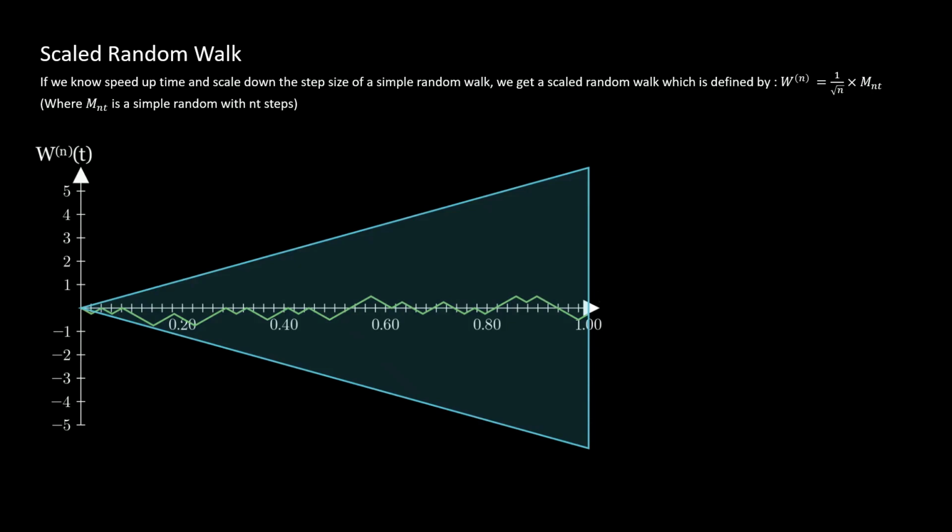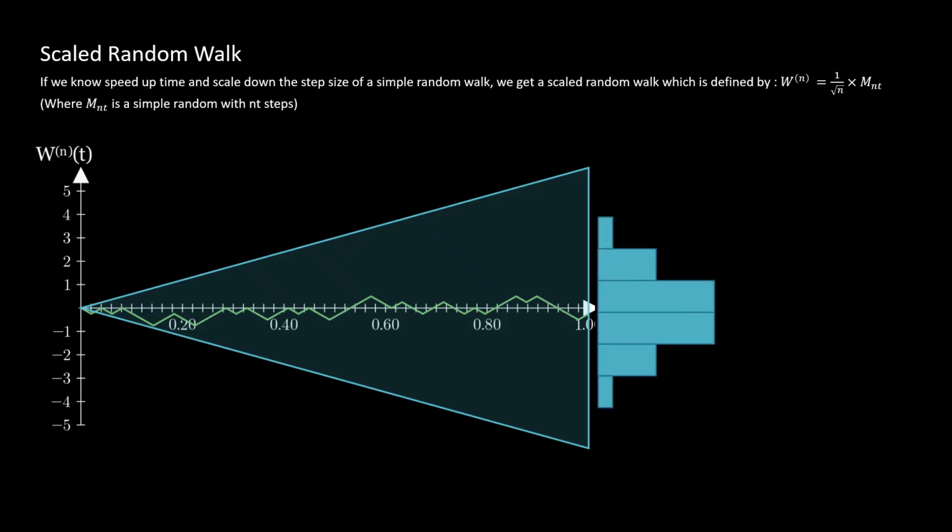If we consider all possible paths, remembering the green path is just one particular path that the scaled random walk can take, so the blue triangle is all possible paths, it is actually approximately normally distributed. And as we let n go to infinity, this will become more exact.